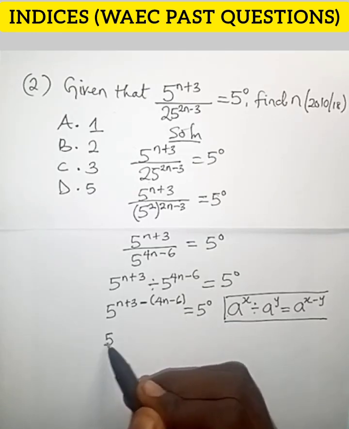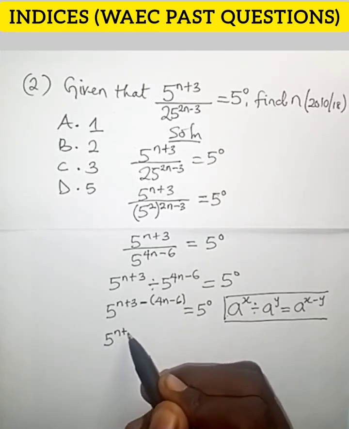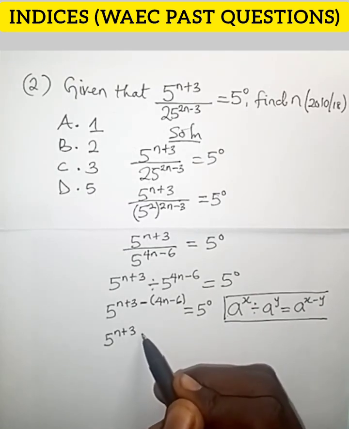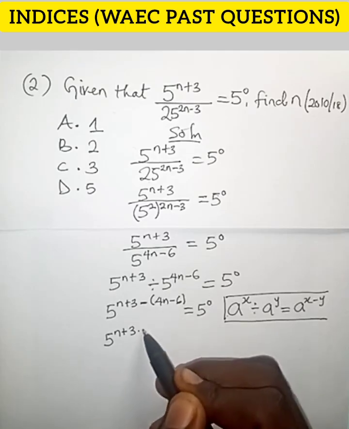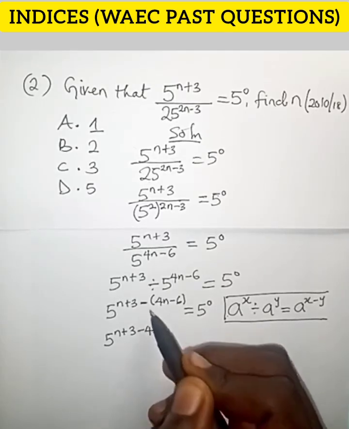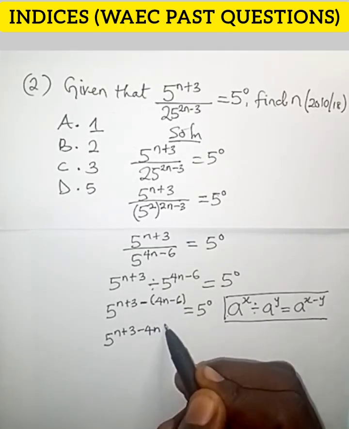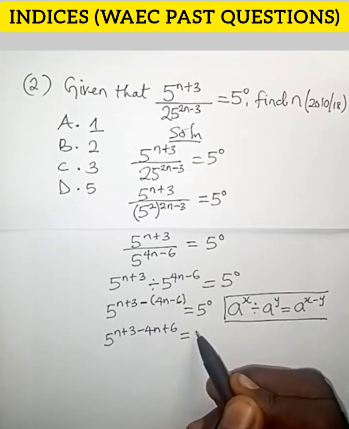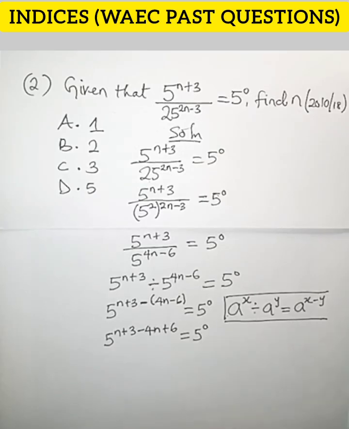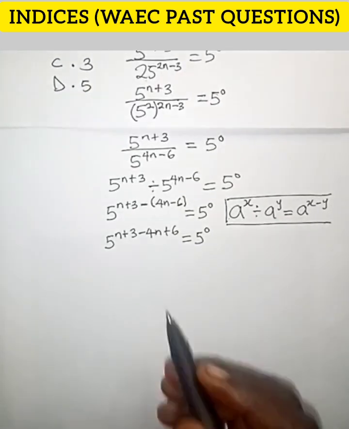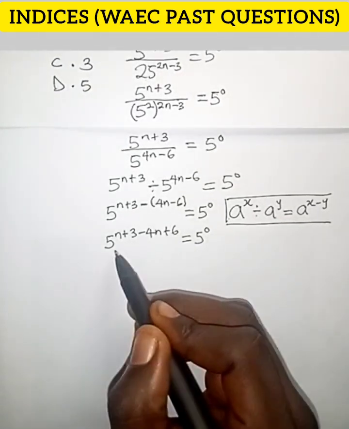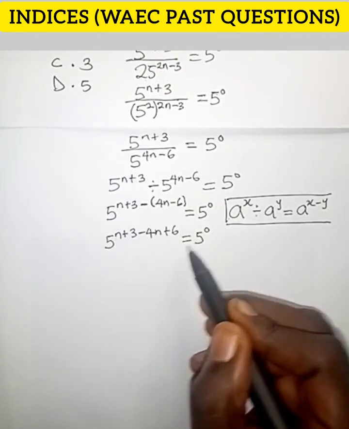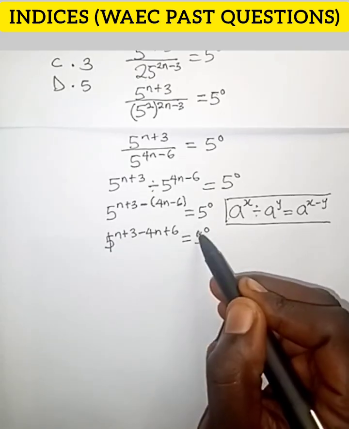Now you can open this bracket. You are going to have 5 raised to power n plus 3 minus 4n, minus times minus is positive, plus 6, equal to 5 raised to power 0. The next thing here, the bases are equal, so we can cancel out the base.